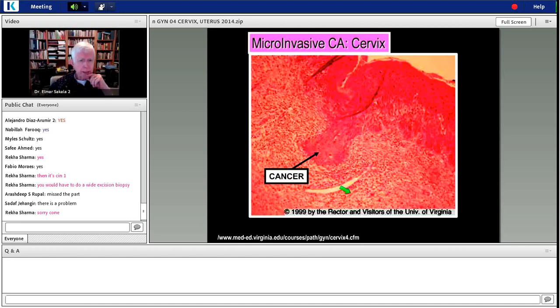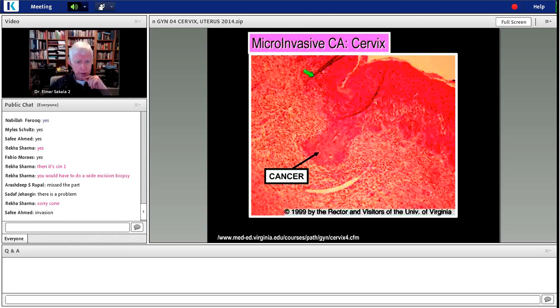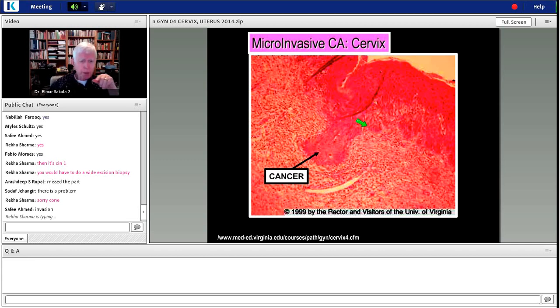Now, what do you see here? Here is our epithelium. Here is the basement membrane right here. You kind of lose it here. But what you see here is a tongue of the abnormal epithelium which has penetrated through the basement membrane and is now invading.